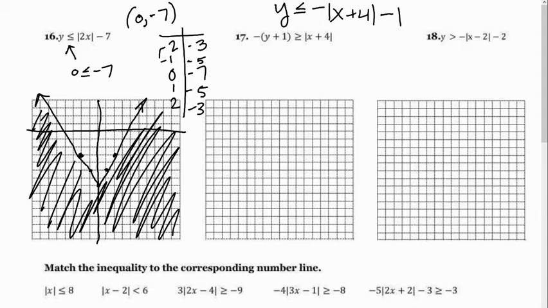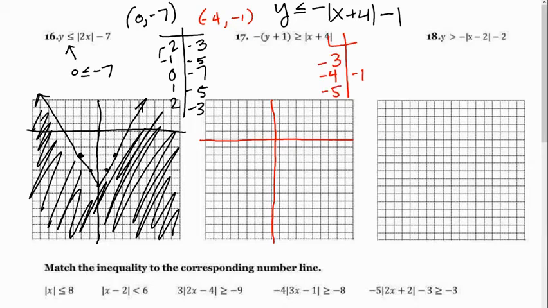It should be upside down. My vertex is at negative 4, negative 1. Negative 3.